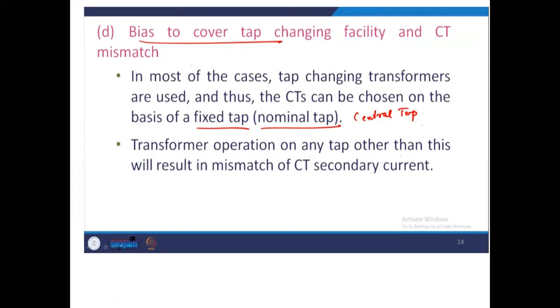Tap changing transformers are widely used, and hence CTs can be chosen based on which tap: the highest tap, nominal tap, or the lowest tap. Normally when we decide the CT ratio, we decide it based on the nominal or fixed tap, that is normally the central tap, the nominal tap.